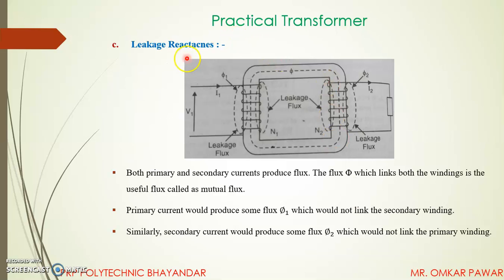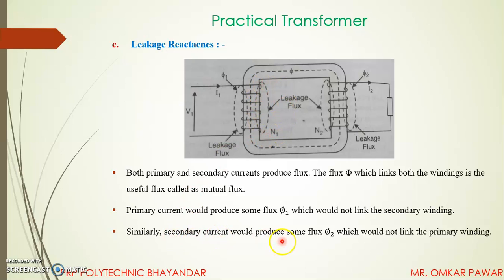And last one is leakage reactances. So both primary and secondary current produces flux. The flux phi which links both the windings is called the useful flux or mutual flux. Primary current would produce some flux phi 1 which would not link with secondary but passes through the air, so there will be the leakage flux.